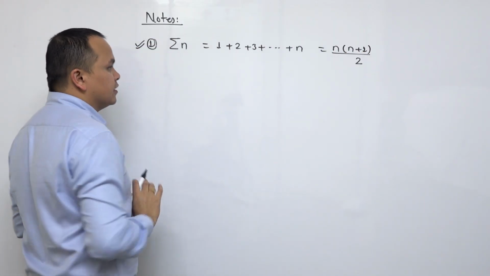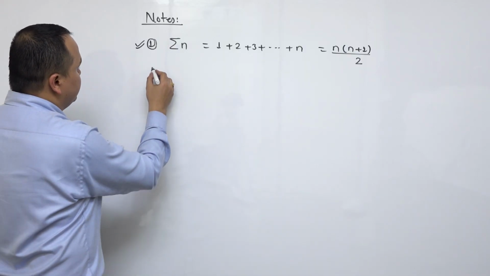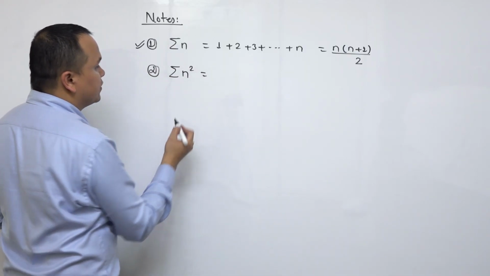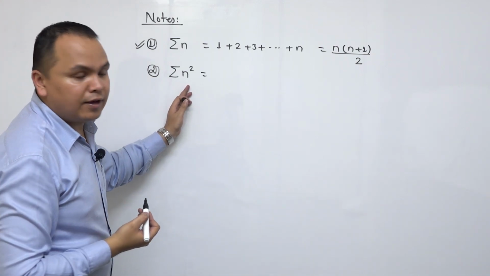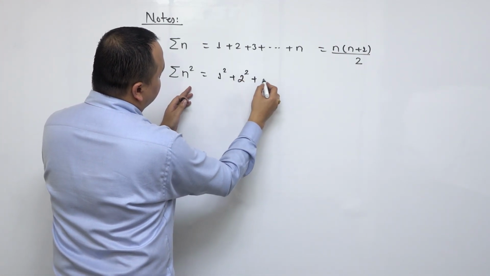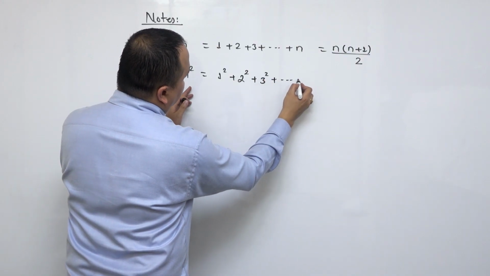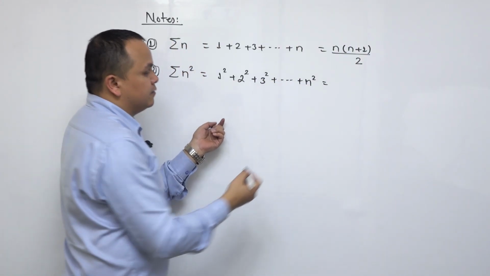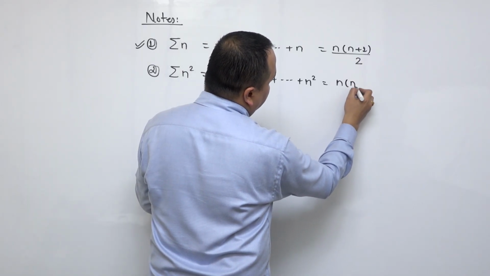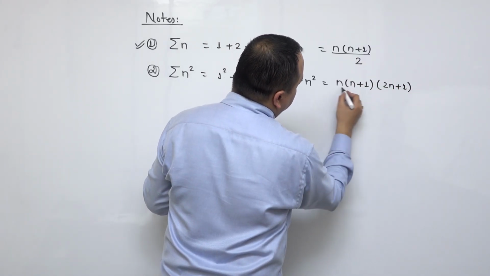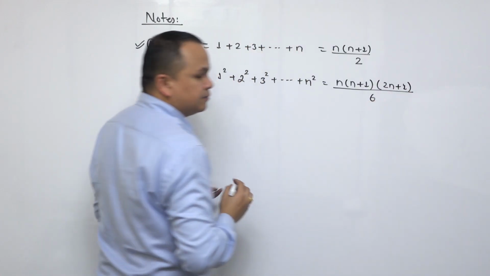This is very important. Similarly, summation n square, again from 1 to n, is 1 square, 2 square, 3 square, up to n square, and its formula is n times n plus 1 times 2n plus 1 divided by 6.